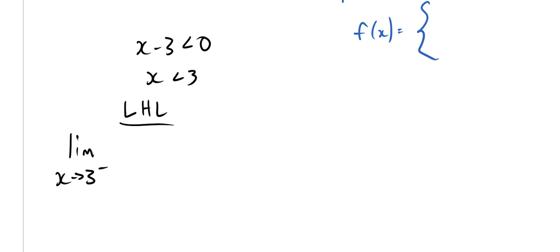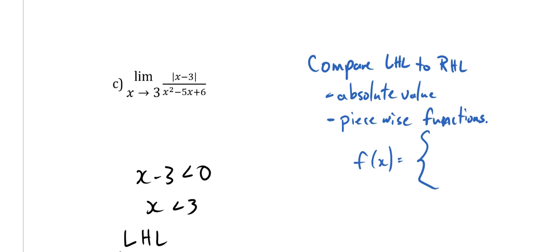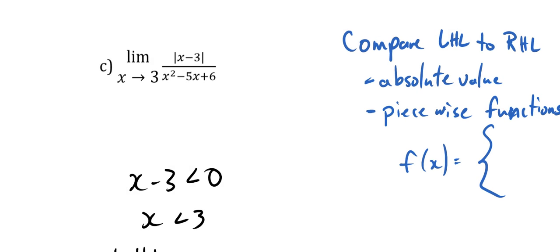And when x minus 3 is less than 0, what happens for the absolute value? Remember, if the argument of an absolute value is less than 0, then the absolute value function multiplies that by -1.